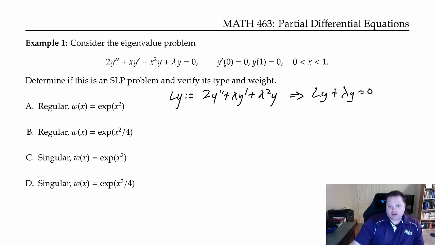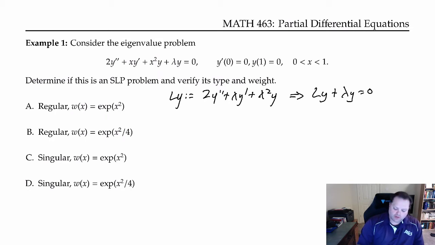And we have a Neumann-Dirichlet condition. We don't know how to solve these kinds of equations, so it's not an Euler equation or anything like that. It turns out it is an equation that we will talk about here in a couple of days, but I just want to transform this for today into an SLP form and verify if it's regular or singular, and then determine what the weight function is.